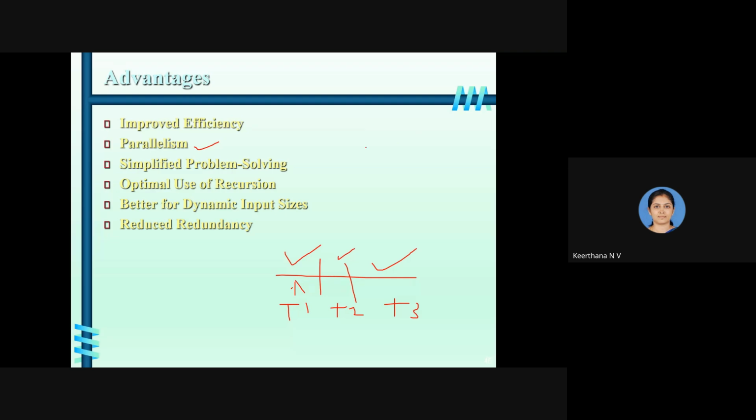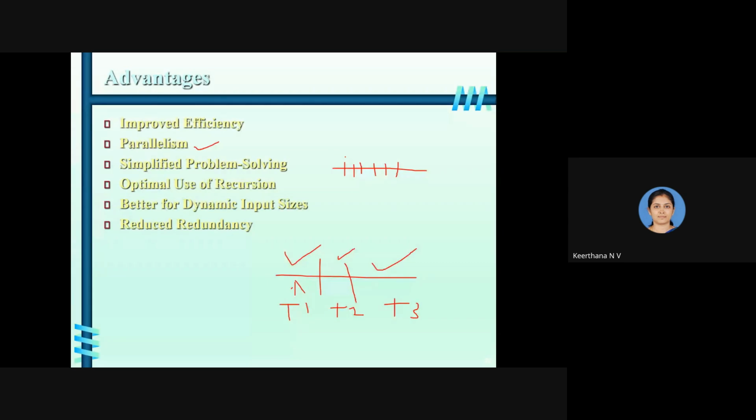So the third thing is simplified problem solving. Why is it simplified problem solving? Here you are dividing the complex problem into more sub problems, and if your problem is a non-manageable one, you will be dividing it into small chunks.